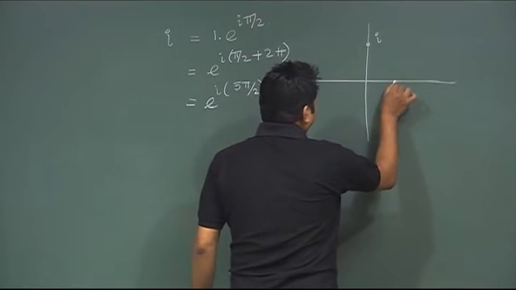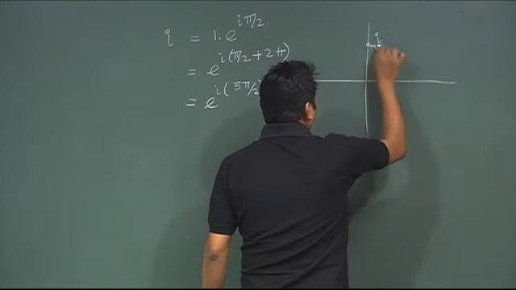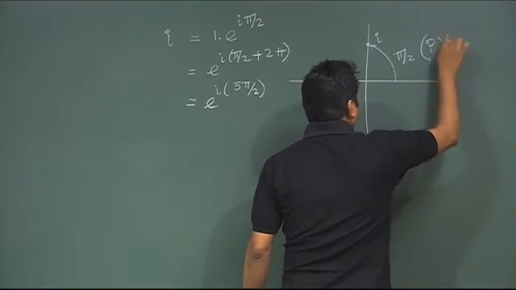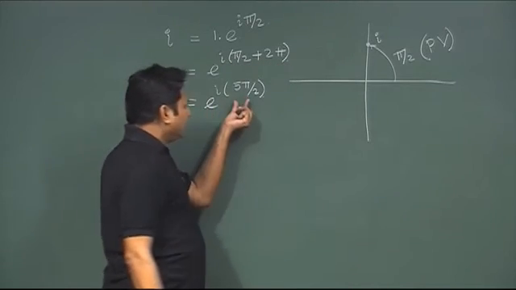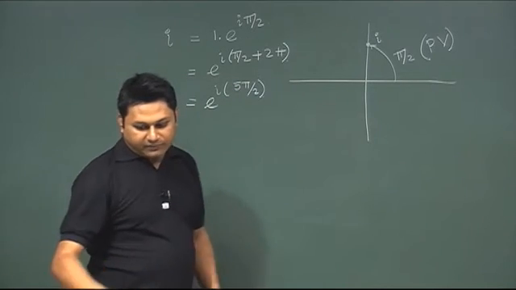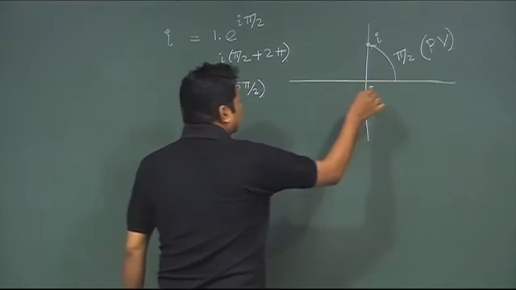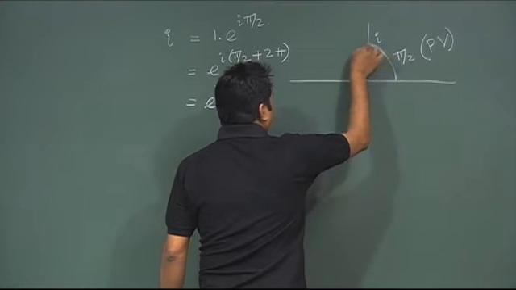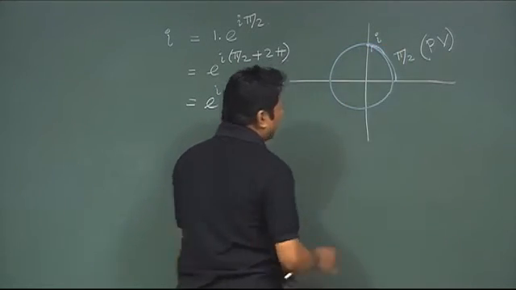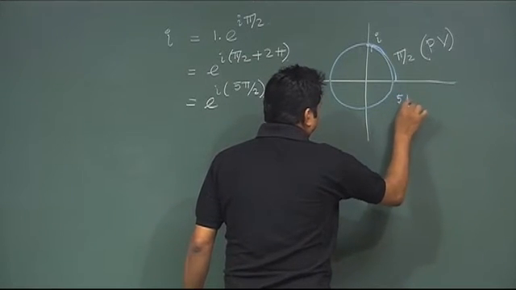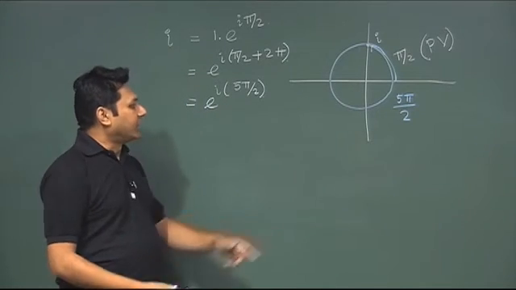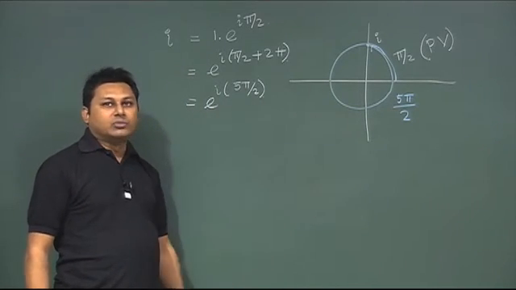In one case the angle is measured from here to here, which is pi by 2, and by the way, this is the principal value, PV, and the other is adding these two. I am giving just one example. So, the other value is adding these two things. So, I will go here, here, here, here, and then go to this point. So, what is the value of this? 5 pi by 2, which is not the principal value, which is something added with that.